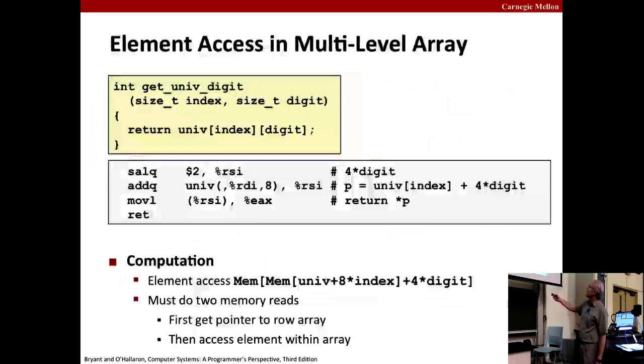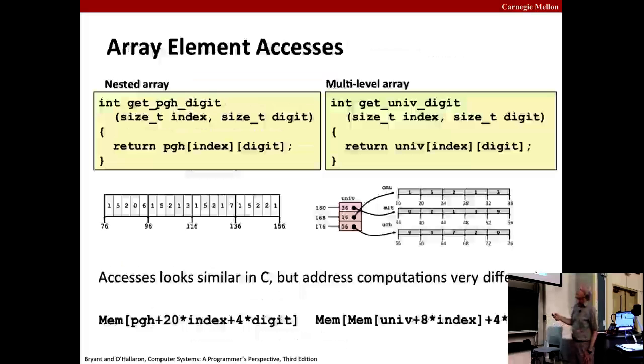So it's reading from memory and doing an array index directly here by scaling, and now getting from that a pointer, adding to that the scaled value of the digit. And so that gives me a pointer now, as this notation shows, to the particular element I want, and now it does a dereference. So that's a pretty tough example to get as one of your first array ones.